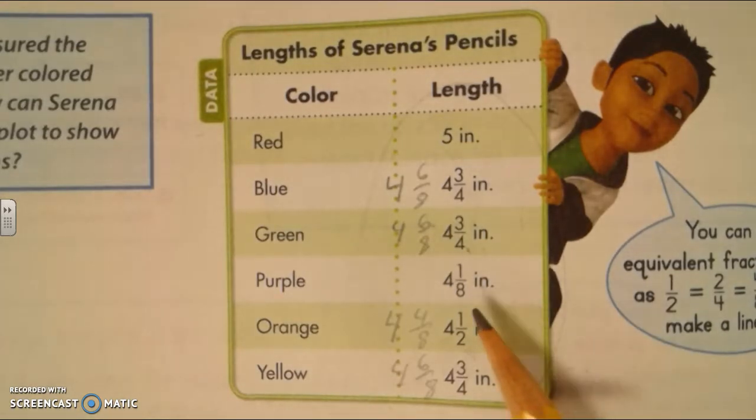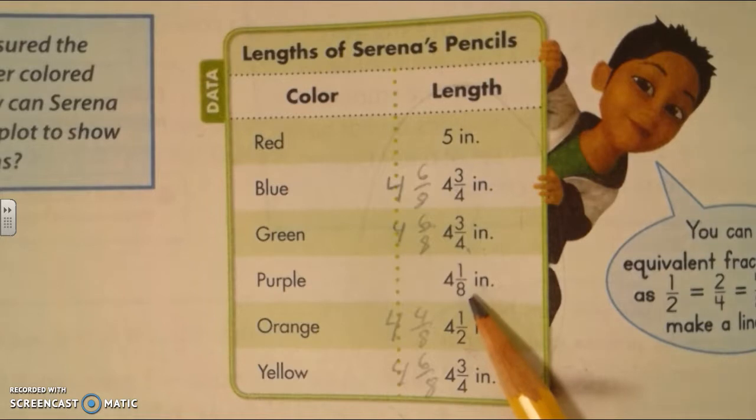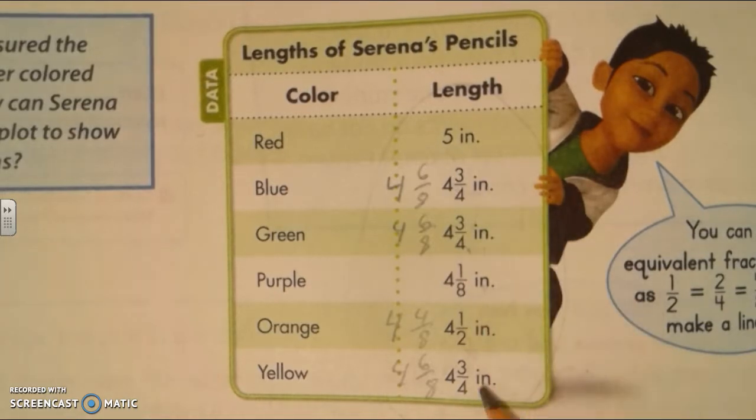Now, because we're talking about fractions, what do I want to count by? I'm going to count by eighths, because now that I've converted them all, I've shown that everything can be labeled as an eighth.